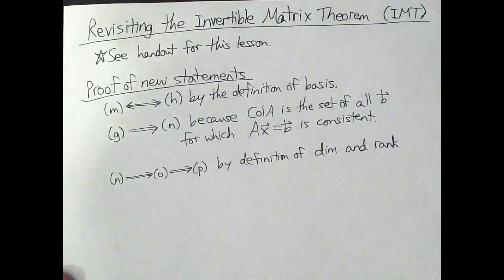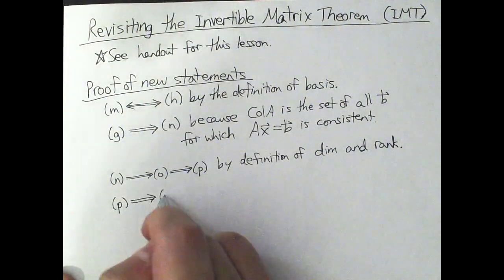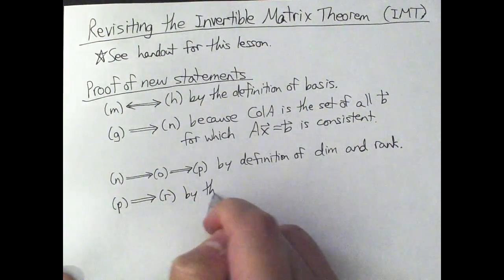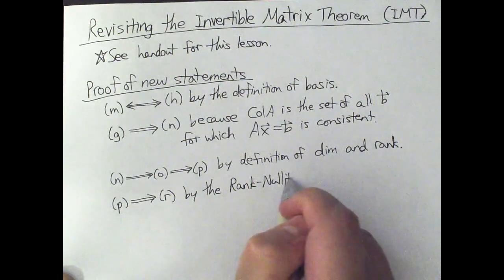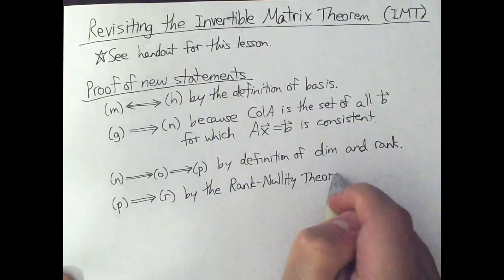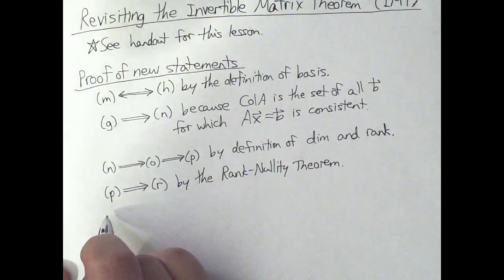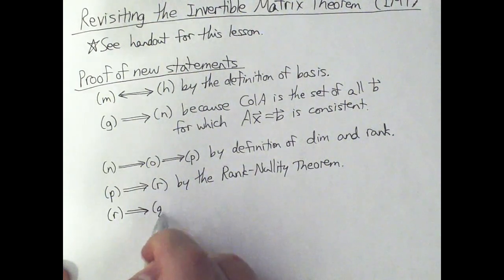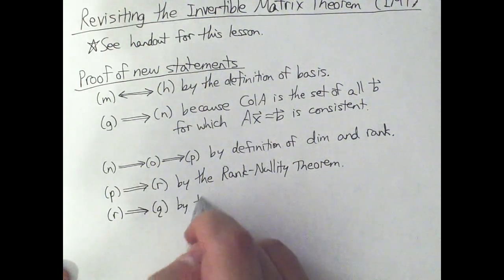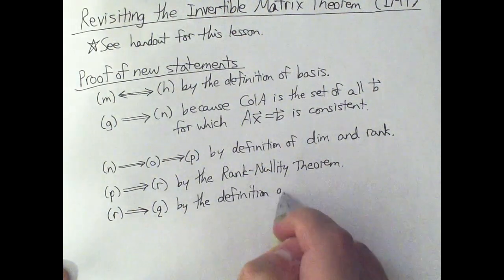Okay. I'm going to say statement P implies statement R by the rank-nullity theorem. It just seems like we were going to use that at some point, right? I'm going to say statement R implies statement Q by the definition of dimension.